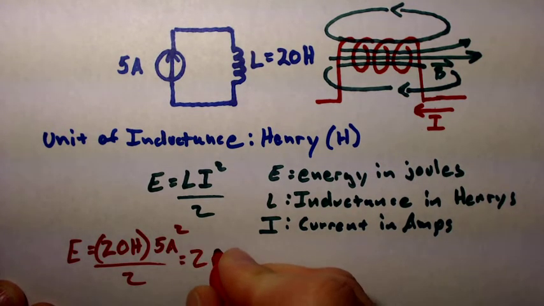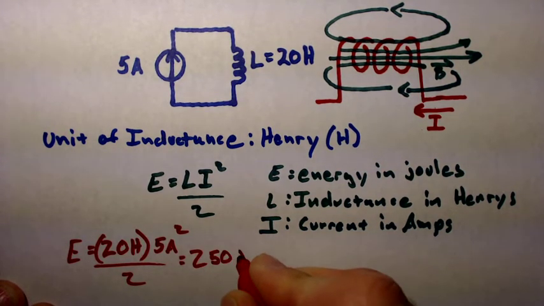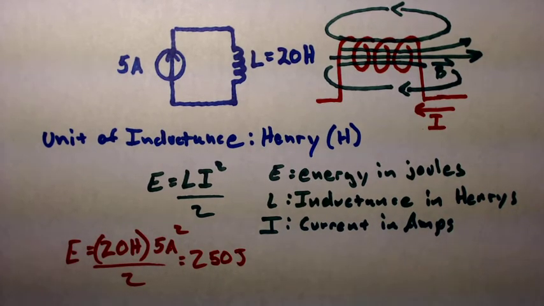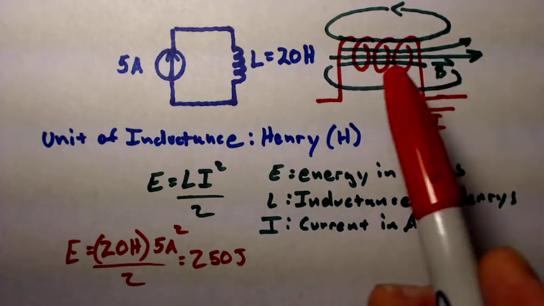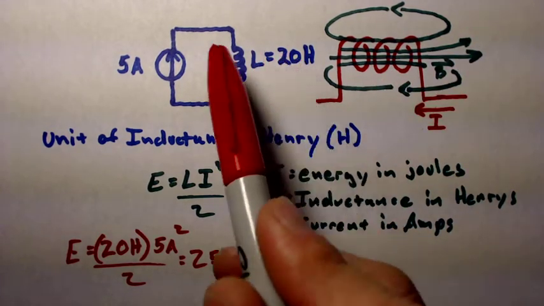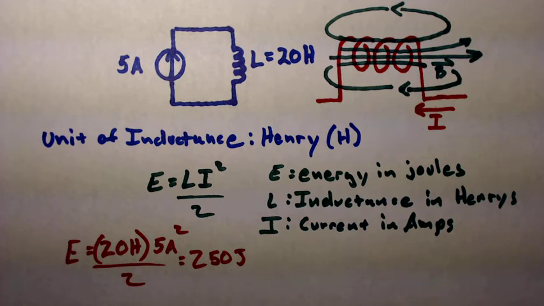That's going to equal 250 joules. Okay, so you have 250 joules of energy stored in the magnetic field of this inductor, provided we had an inductor with 20 henries and 5 amps flowing through it.